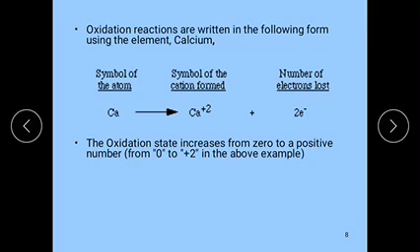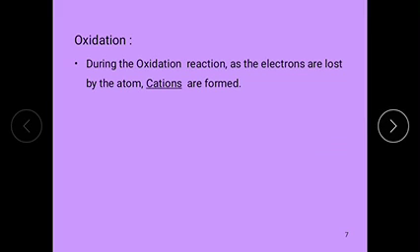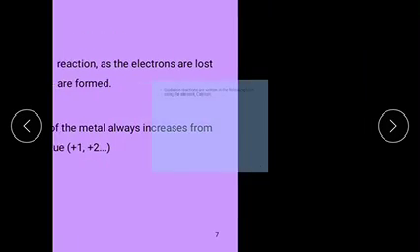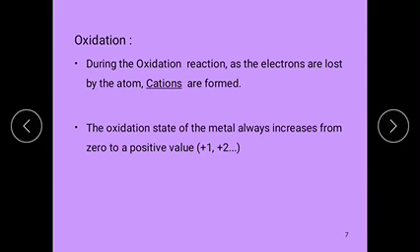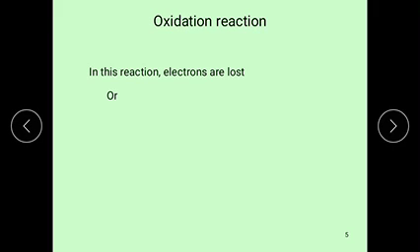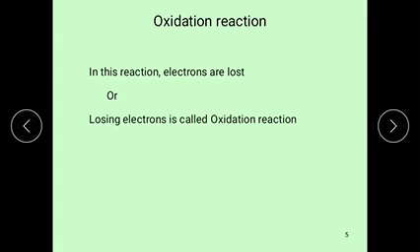Once again I am repeating the oxidation reaction. During oxidation, the electrons are lost by an atom and it forms cations. The process of loss of electrons from an atom, ion or molecule is called an oxidation reaction.